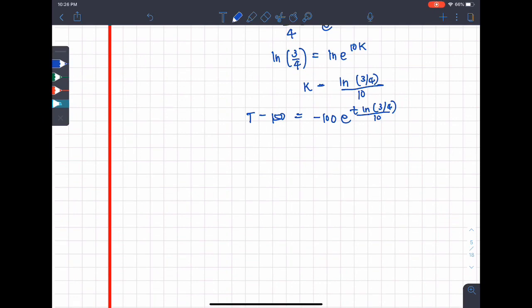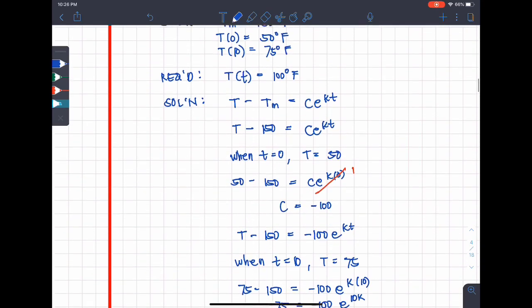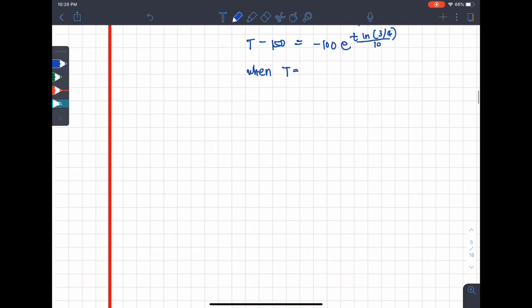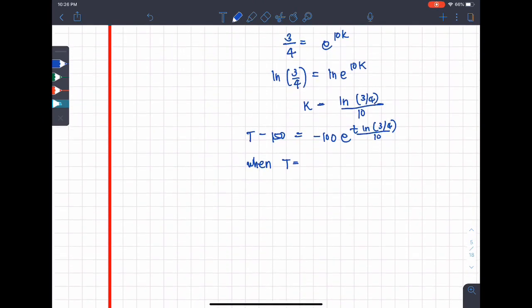So now we are to find what is the time when the temperature is 100 degrees Fahrenheit. So when T is 100, how much time?